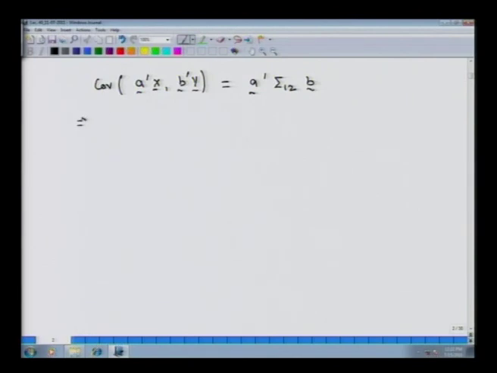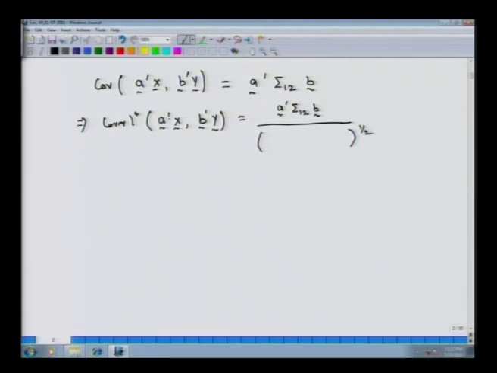So, this would imply that the correlation between a prime x linear combination and b prime y linear combination is going to be given by the covariance between the two linear combinations. These are scalar random variables now, after we are taking linear combinations. This is divided by the standard deviation, or the square root of the variances, of the respective terms.